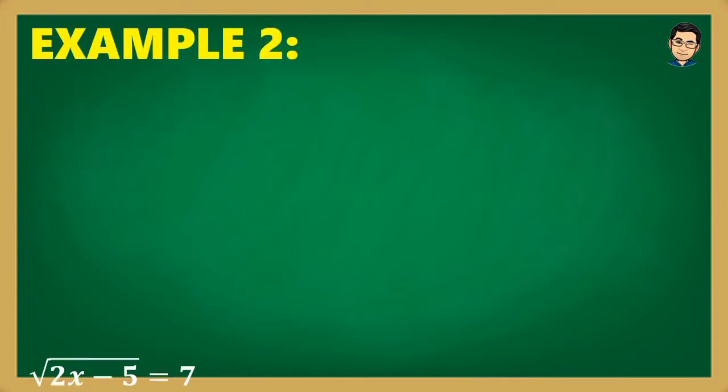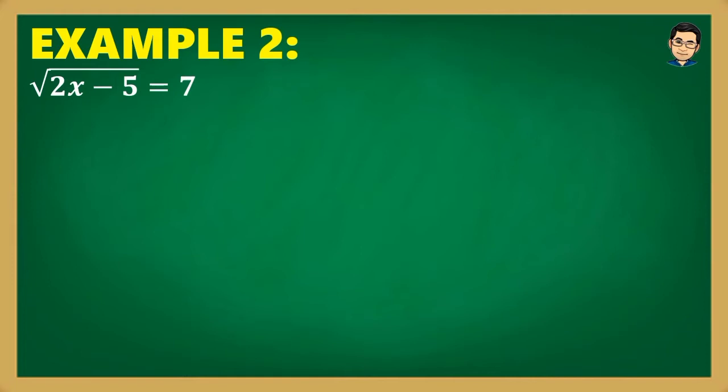Next example. The square root of 2x minus 5 is equal to 7. The radical expression is already isolated on the left side, with the constant term on the right side. So we will raise both sides of the equation by the index of the radical expression.